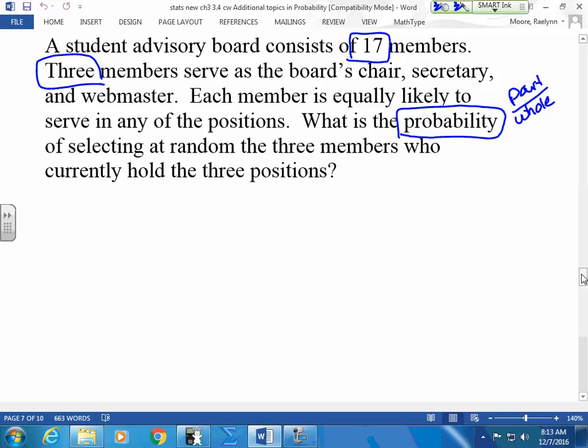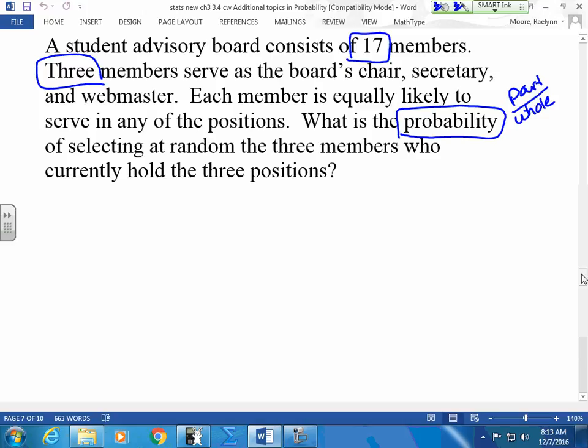Okay, so I need to find the probability each member is equally likely to serve. Permutations in here, I'm sorry. That's because now we're going to be doing probabilities. Probabilities are a little different than when you find how many different ways.